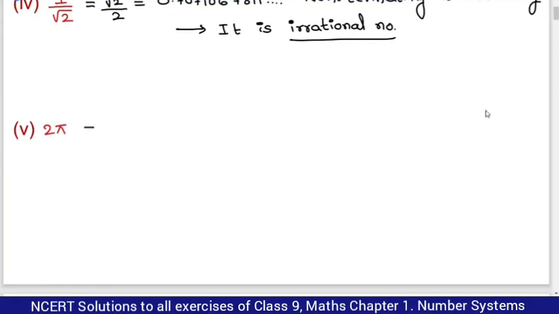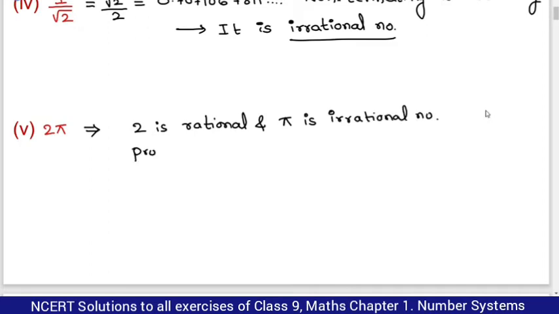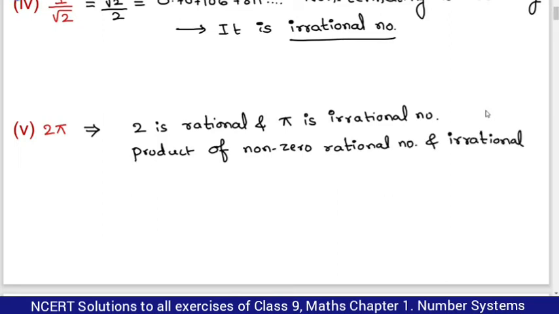Fifth one, 2 pi. Here 2 is a rational number and pi is an irrational number, and product of a non-zero rational number and an irrational number is always an irrational number.